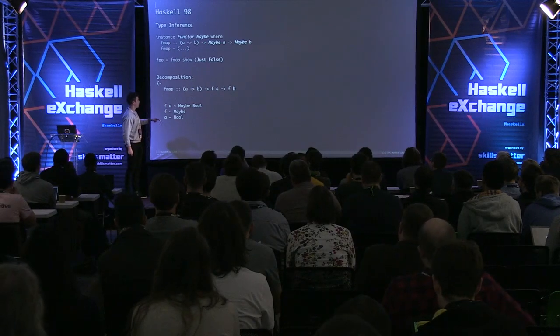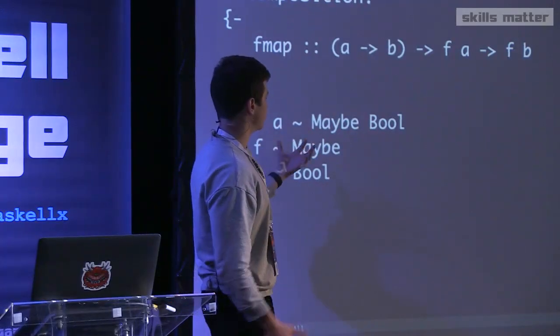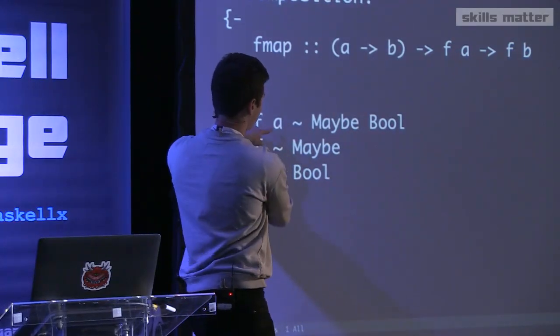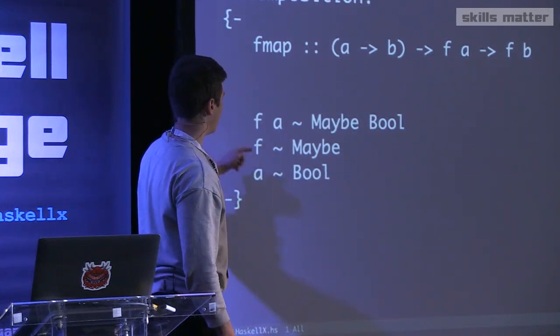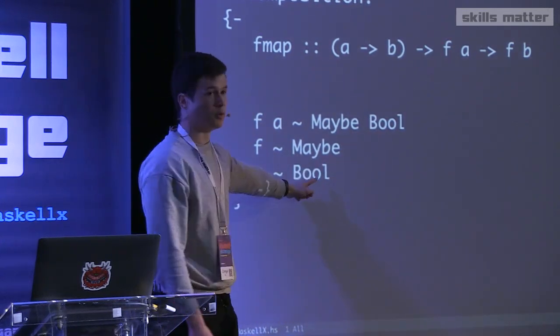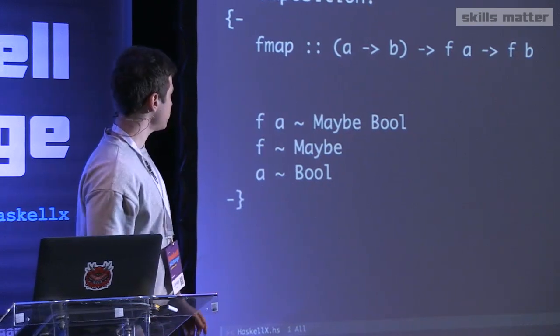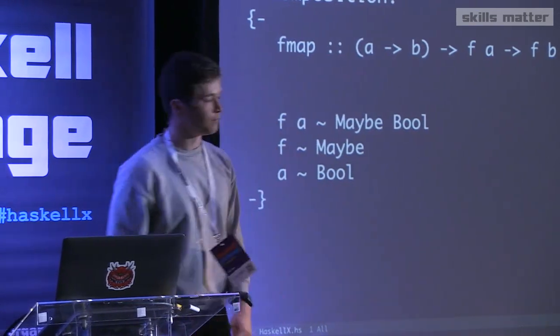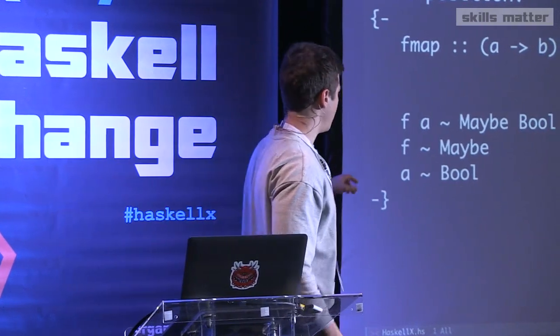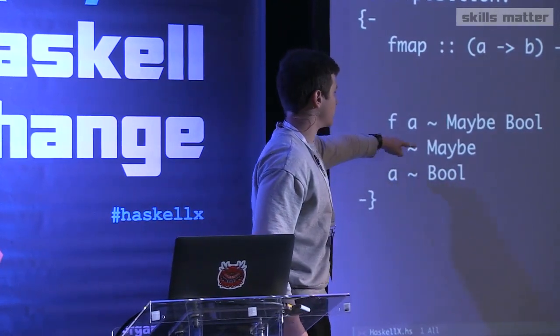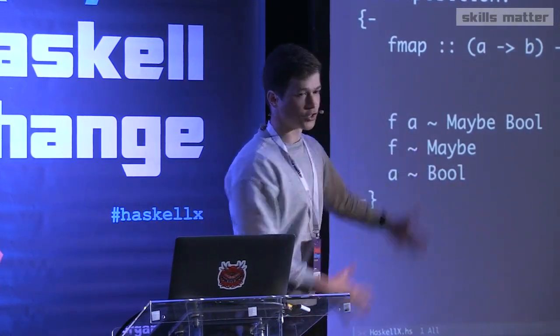And because Maybe Bool is a type application, and f of a has this type application form, it just pulls them apart and works out that f must be Maybe and a must be Bool. That's the solution, right? So here's this decomposition happening. And as a result of that, in the solution, f is a type constructor which appears unsaturated.